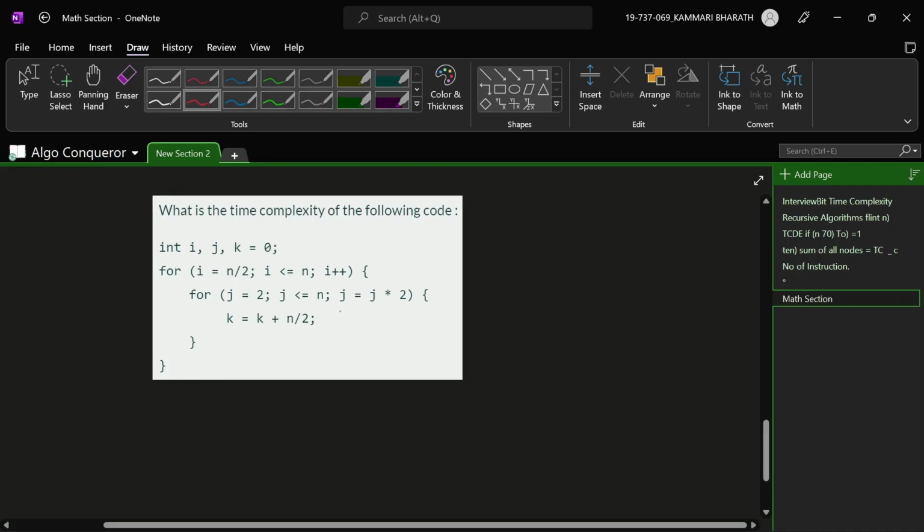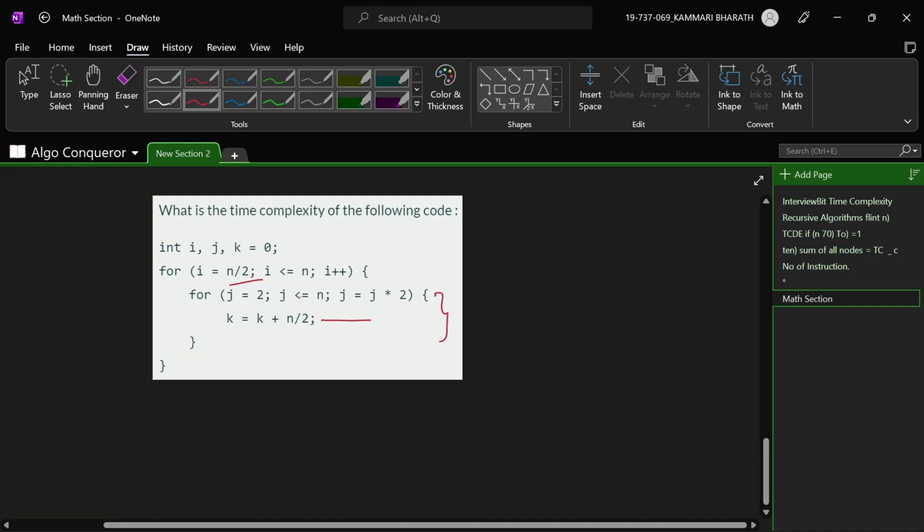Here, this is the instruction which is in the loop. How many times does this loop execute? Initially, I was n by 2. I is incrementing each time by 1. I is going from n by 2 to n.